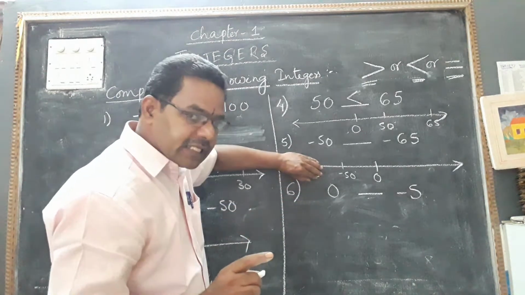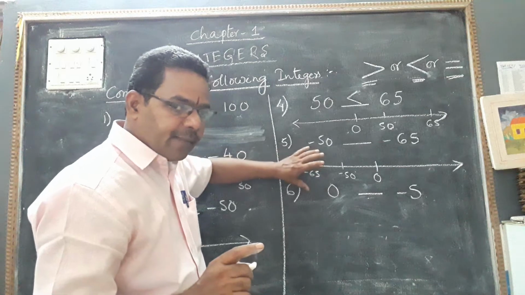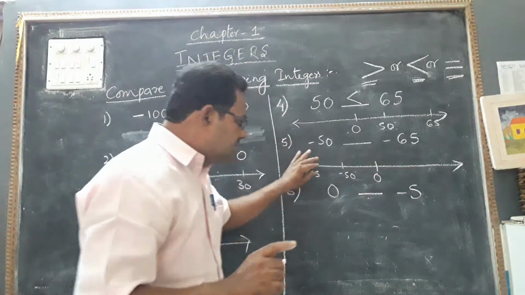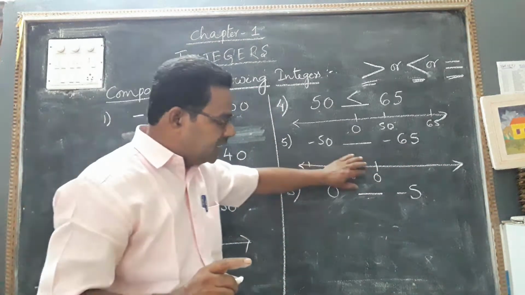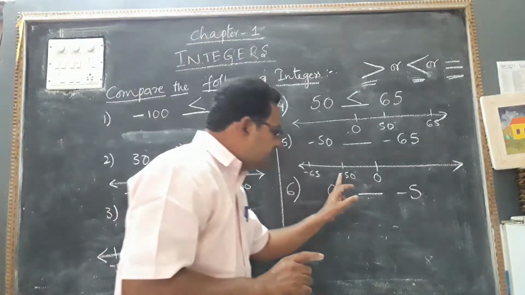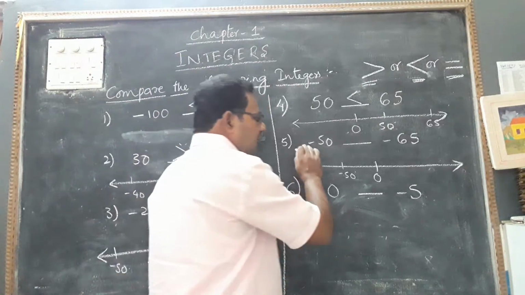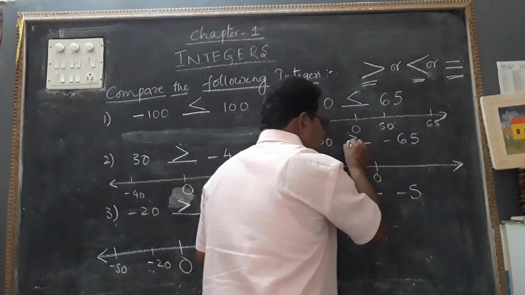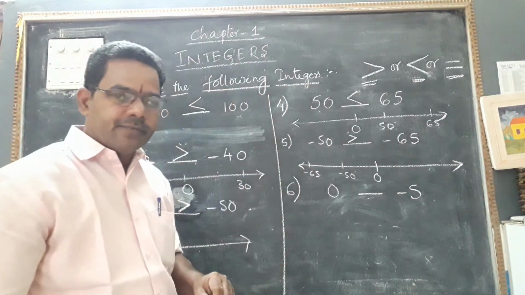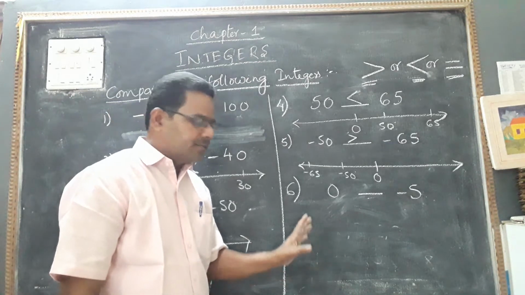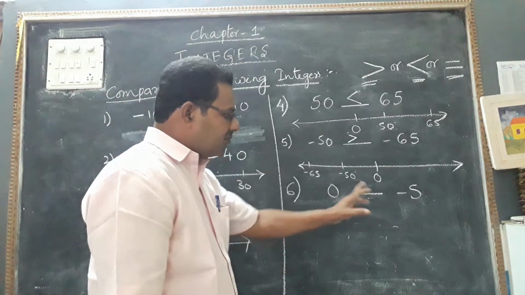This is the smallest. Comparing these two, this is smaller, this is bigger. So minus 50 is bigger than minus 65. Minus 50 is greater than minus 65. Understood? Okay. Next one.